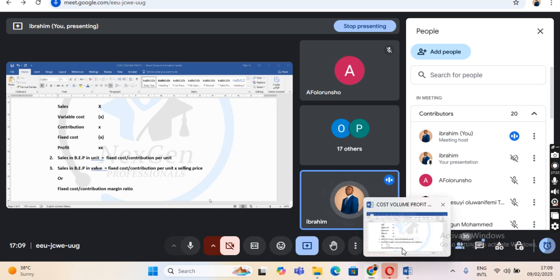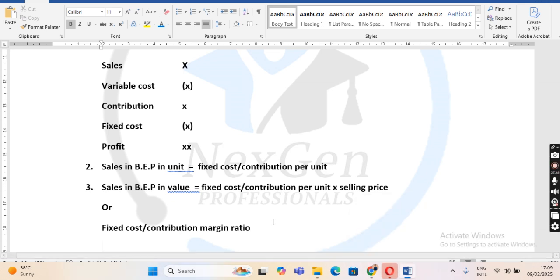Now, this one will take us to another formula. Don't forget that these formulas are used when it is a single product.